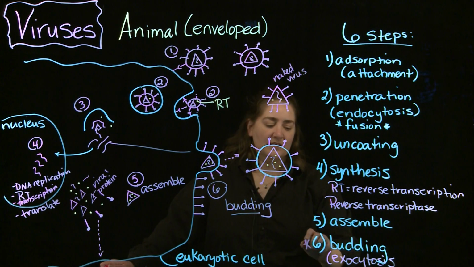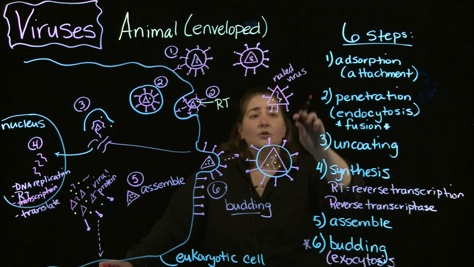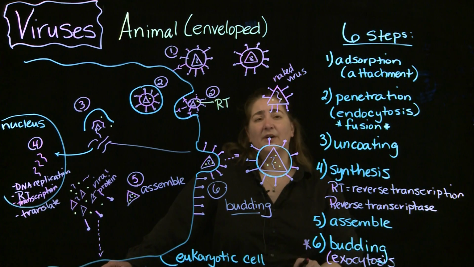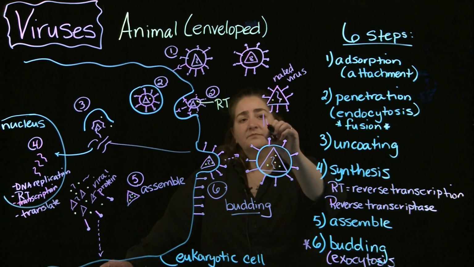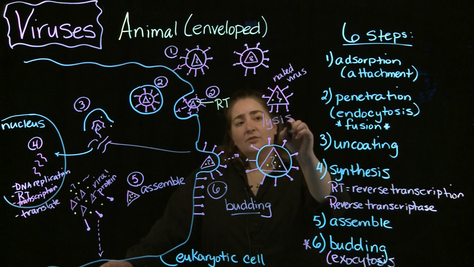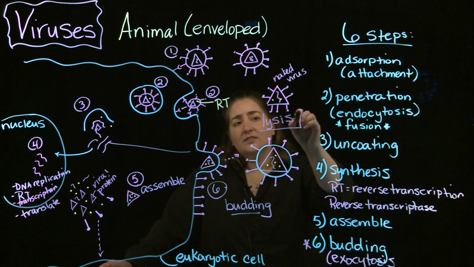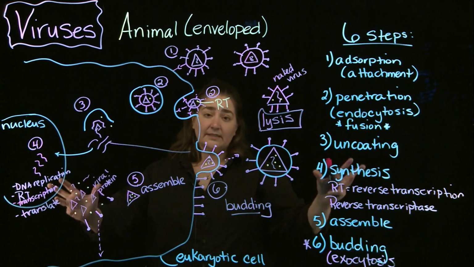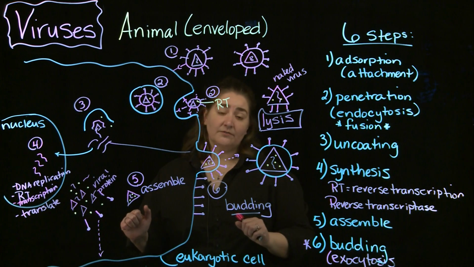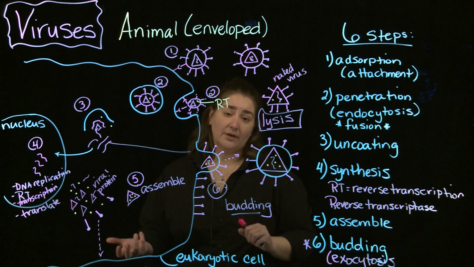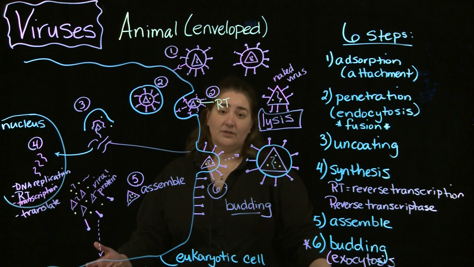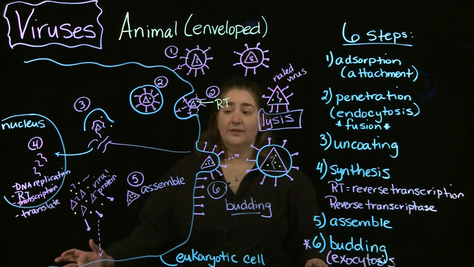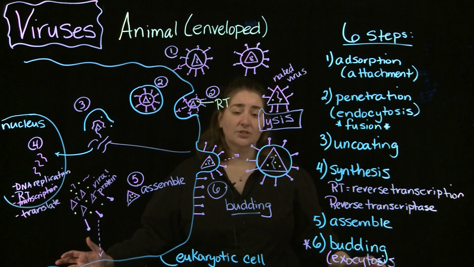Really, it's step number 6. Okay? With the naked virus, instead of budding off, that eukaryotic cell is going to lyse open. And it's just going to essentially release the particles, the viral particles from the cell that way, much like the bacteriophage. All right? Hopefully that makes sense. If you have any questions, please let me know.